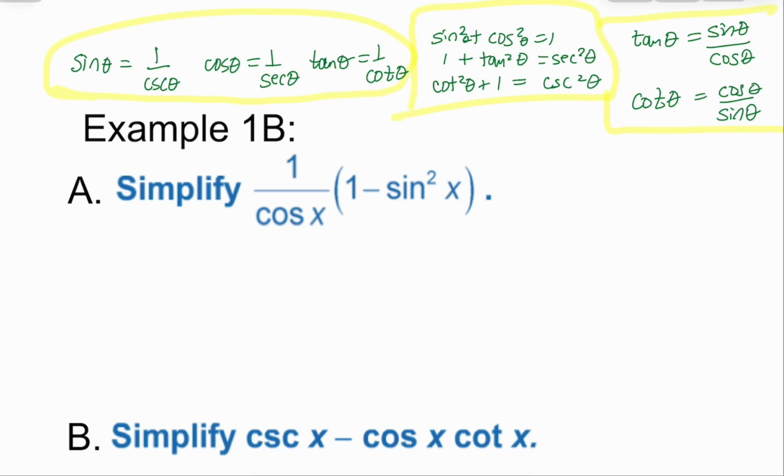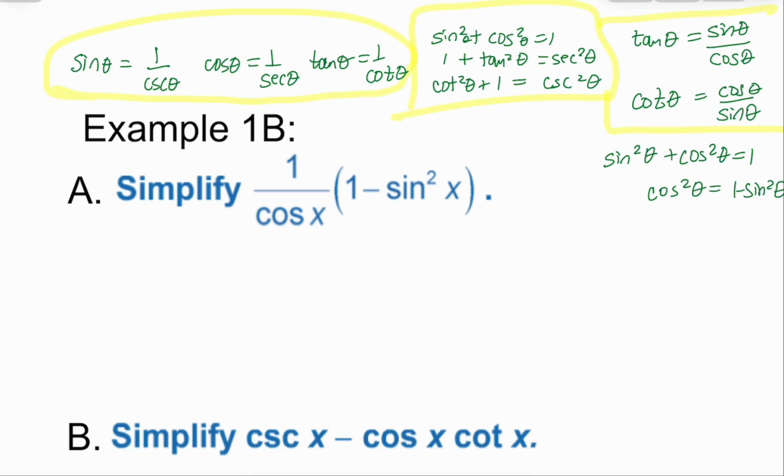Okay. So we have all these facts that we can use to help us. Now, I don't mind that we have a 1 over the cosine there. What I see is ones and sines, and I see things right here that are ones and sines. So sine squared plus cosine squared is equal to 1 is an equation. It can be rearranged. So if I subtract a sine squared from both sides, I get that cosine squared is 1 minus sine squared.